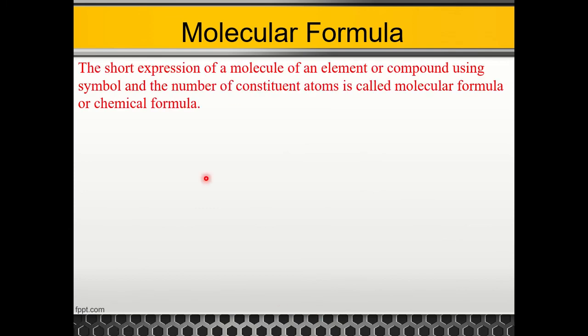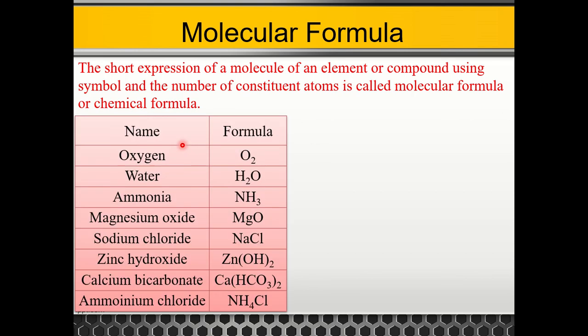Now, the short expression of a molecule of an element or compound using symbols and the number of constituent atoms is called molecular formula or chemical formula. For example, oxygen O2, water H2O, ammonia NH3, magnesium oxide MgO, where the formula is written showing which compound is formed, the molecule formed, and also their number of atoms.